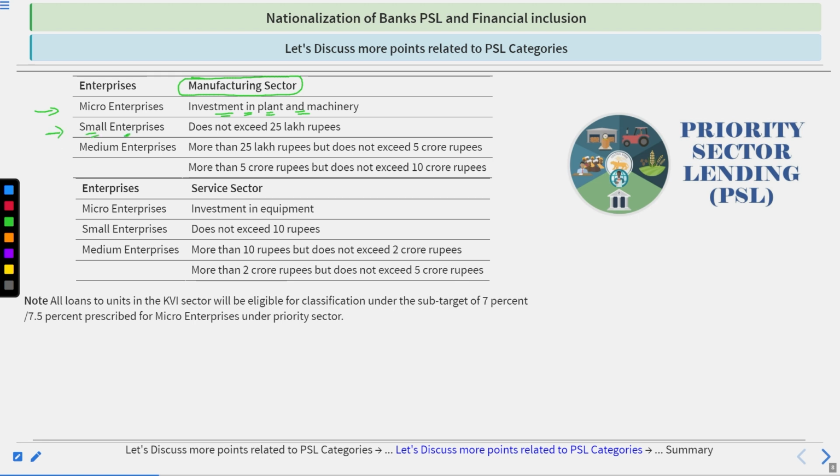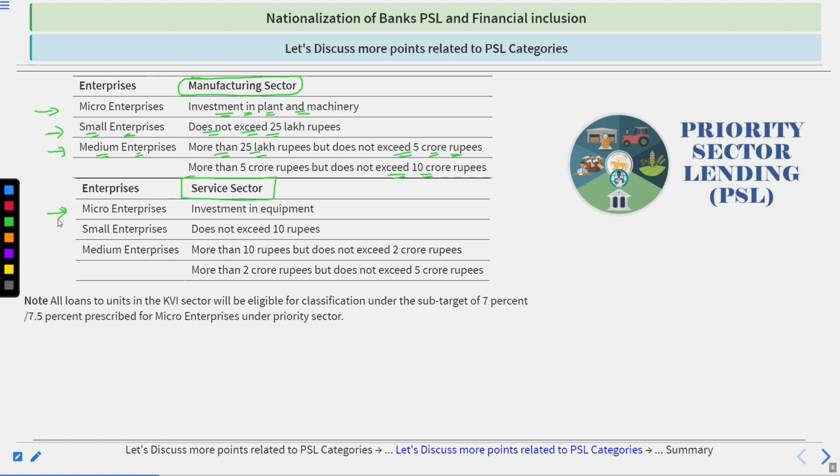A small enterprise is more than 25 lakh rupees but does not exceed 5 crore rupees. A medium enterprise is more than 5 crore rupees but does not exceed 10 crore rupees. Now, enterprises that are involved in the service sector.